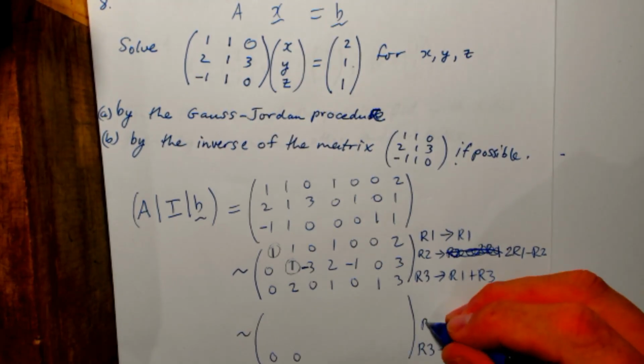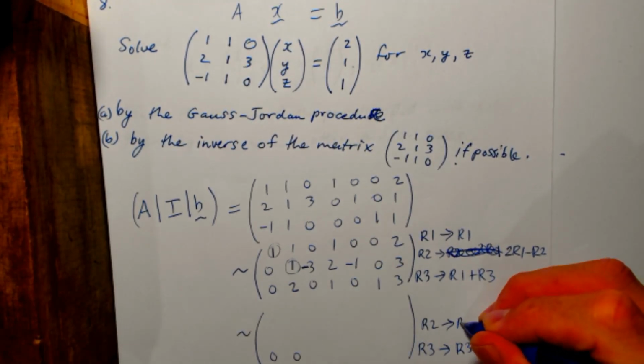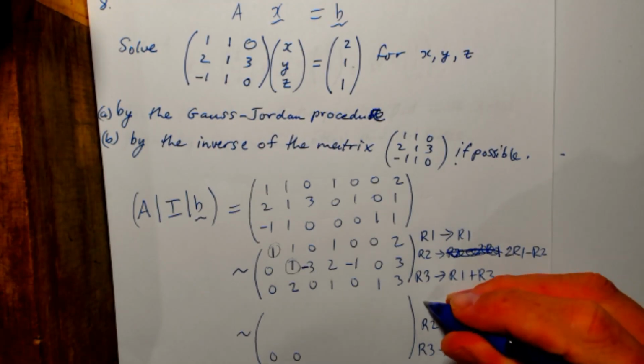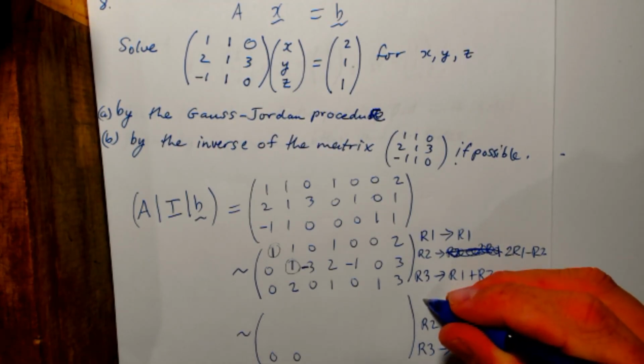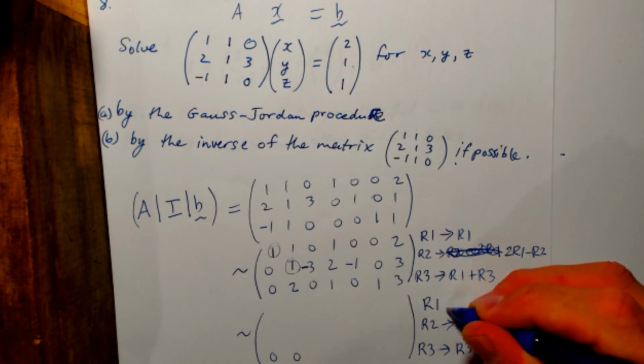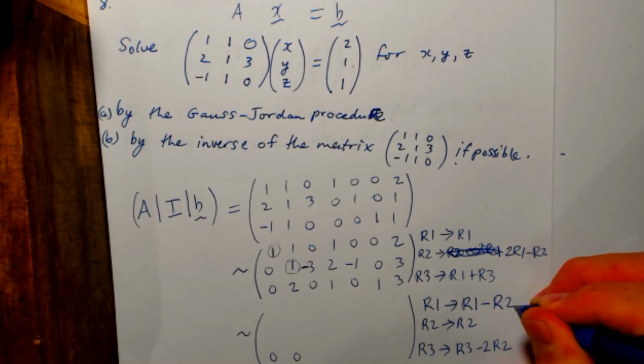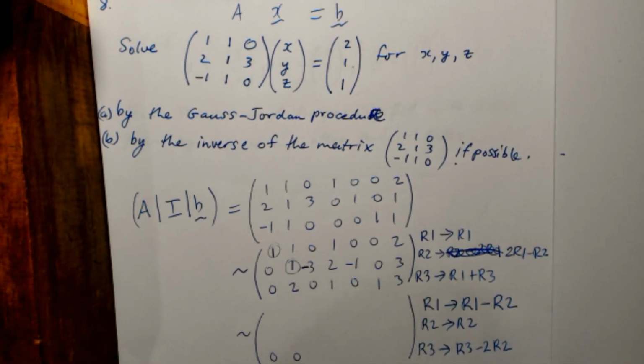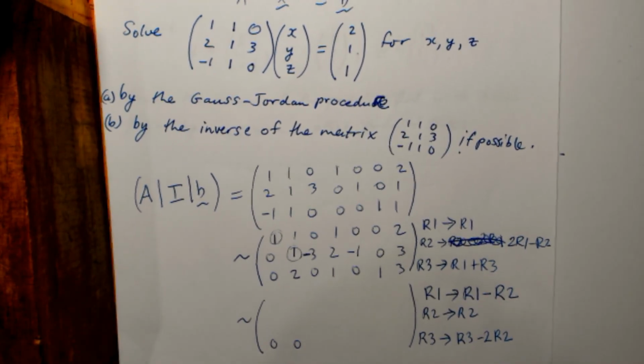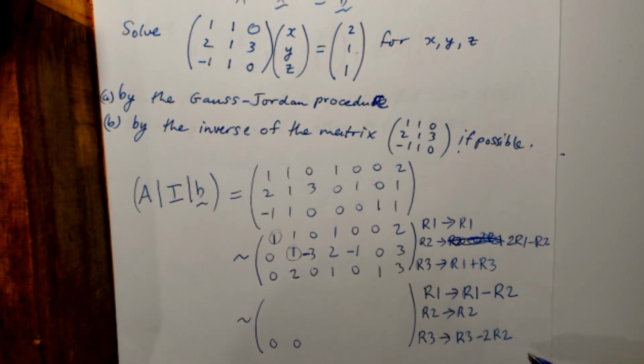We'll keep row 2 the same for now, and we'll keep row 1 the same. Actually, no, let's not quite keep it the same. Let's replace row 1 with row 1 minus row 2, because we can get a 0 above it quite easily in this step. Okay, so we'll do this one first.